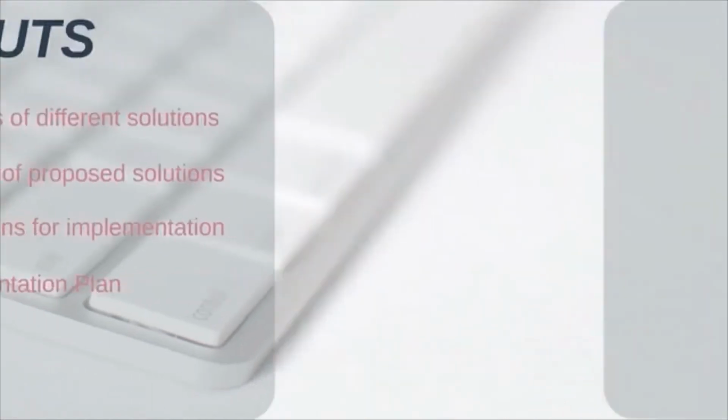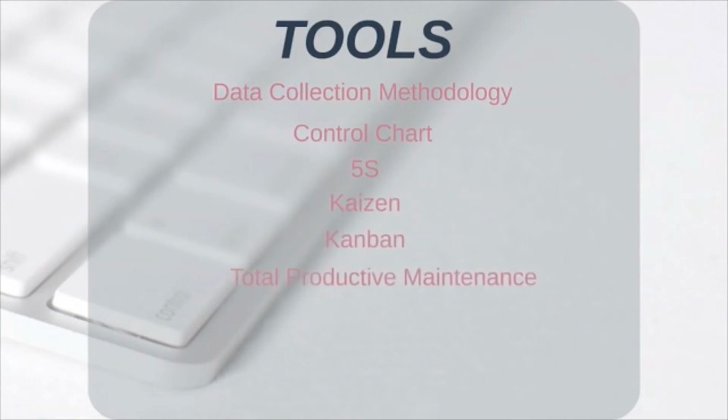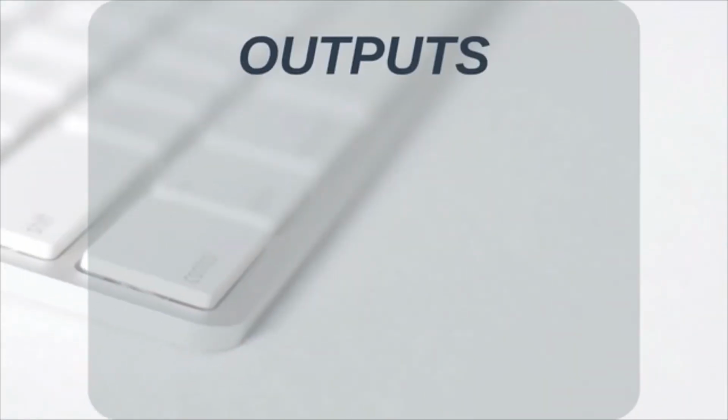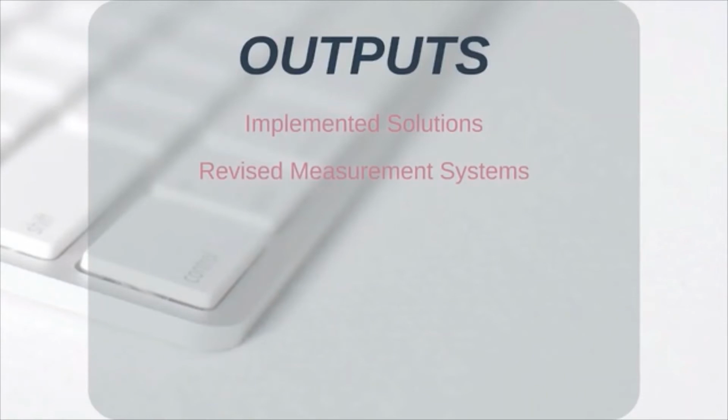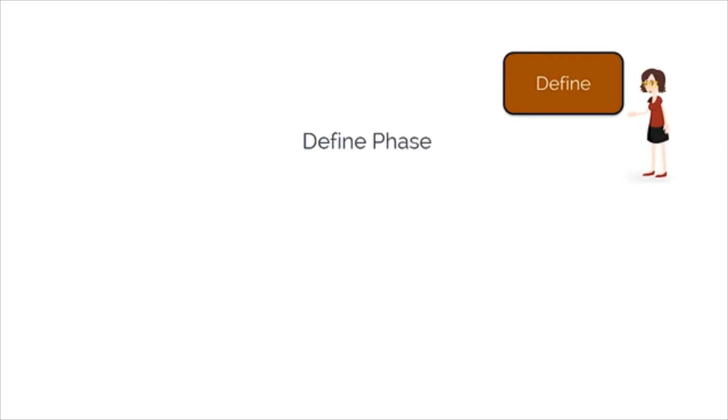The tools used are data collection methodology, control chart, 5S, Kaizen, Kanban, total productive maintenance, cycle time reduction, and measurement system reanalysis. The outputs of the control phase are implemented solutions, revised measurement systems, control plans for sustaining benefits, improved process capabilities, and lessons learned.